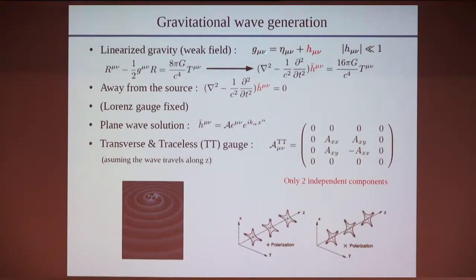So what we will consider is a flat metric, the Minkowski metric, plus a perturbation, which is the gravitational waves. If you try to solve the Einstein equation, you will obtain this equation that becomes, in absence of matter, so you suppress the energy-momentum tensor, you obtain this equation, and a simple solution of this equation is a plane wave.